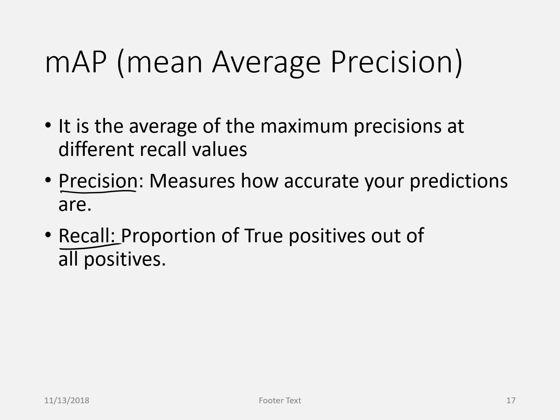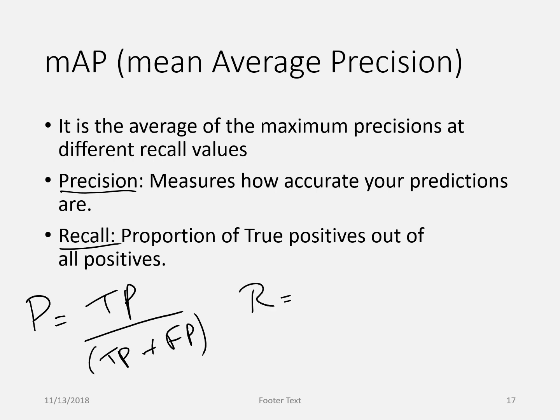Precision is given as a ratio of true positives divided by the sum of true positives and false positives, so we get an intuition of how many of the detections are actual ground truth true positives. And recall is nothing but the ratio of true positives to the sum of true positives plus false negatives.